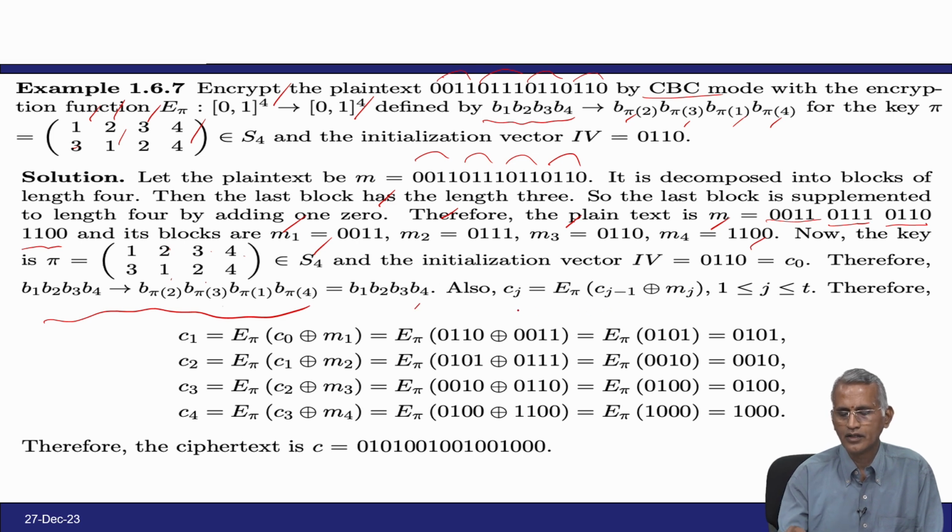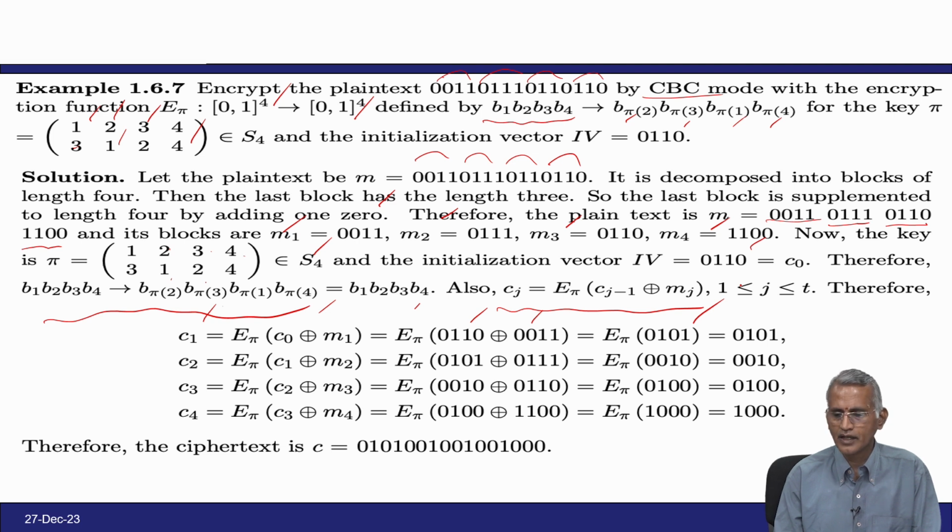Now, the rule for finding Cj is E pi of Cj minus 1 XOR Mj, where j varies from 1 to t. Therefore, C1 is E pi of C naught XOR M1, where E pi of 0110 XOR 0011. Therefore, adding them, we have 0 XOR 0 is 0, 1 XOR 0 is 1, 1 XOR 1 is 0, 0 XOR 1 is 1. Now, for E pi, the fourth one is identity.